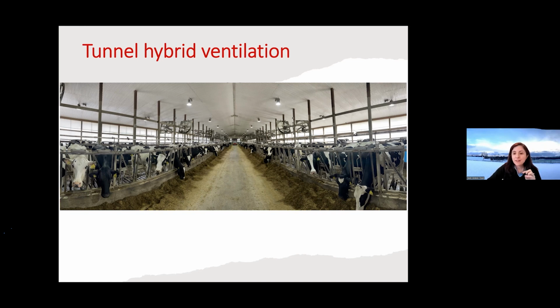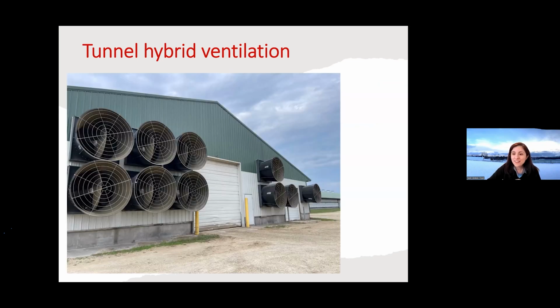We can see the curtains here and the ridge openings here. It can be a naturally ventilated barn in winter during cold weather like today, or we can look at the ventilation fans. They can turn on their ventilation fans in summer when it is very hot outside, and then it can be a tunnel ventilated barn.